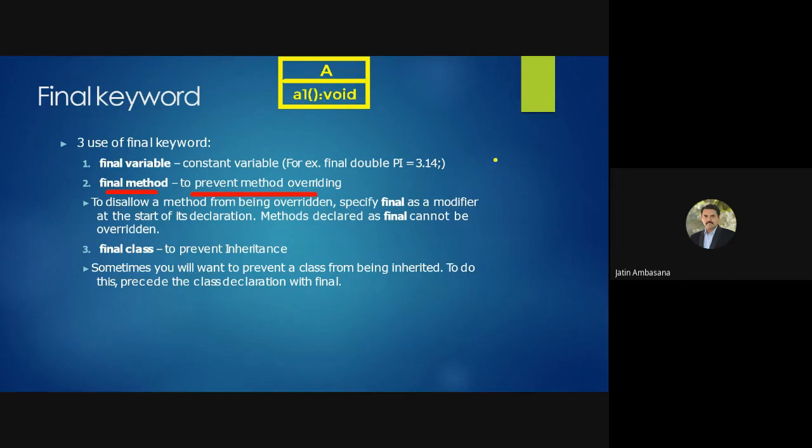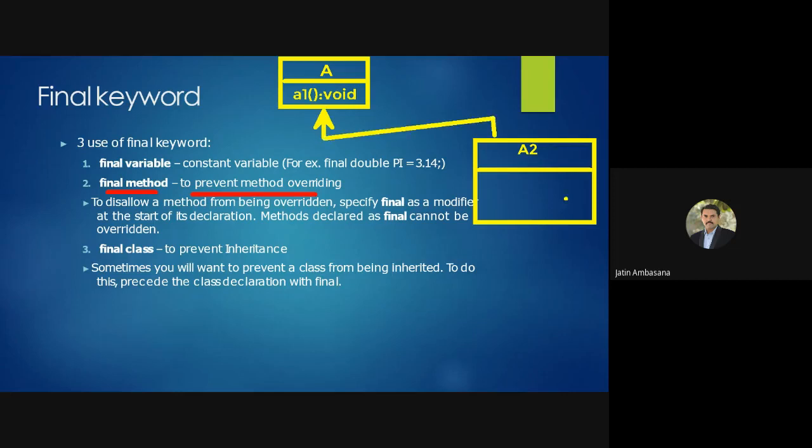Now you are making a version of it, let's say class A2, where you are inheriting that A1 class. If you make this A1 method final, then this A2 class cannot override it. It cannot say that there is again another method called A1 inside it. No, this will not be allowed.